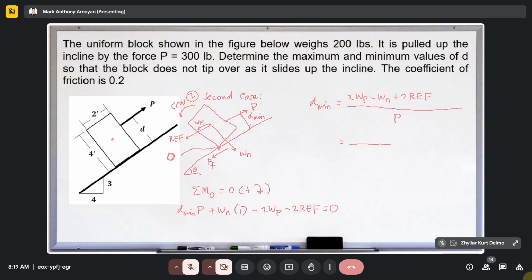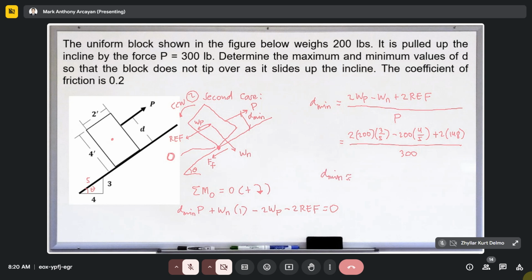Then we substitute the values. So we have 2 times the parallel component, which is equal to the weight times the sine. So 200 times the sine of theta. Remember, this is our theta. This is 5. 200 times 3/5. And then minus the normal component, 200 times the cosine, that's 4/5. Then plus twice the reverse effective force equal to 148 over 300.